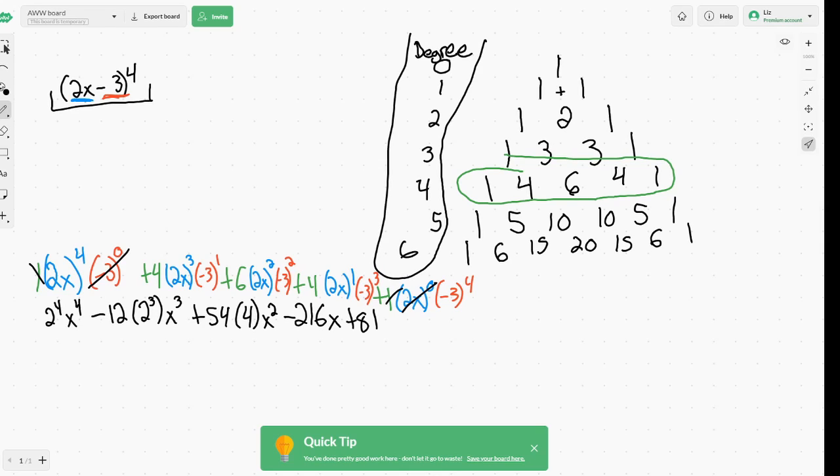All right, now we can simplify this a little bit more. So 2 to the 4th power is 16. So 2 to the 3rd power is 8. 8 times 12 is 96.